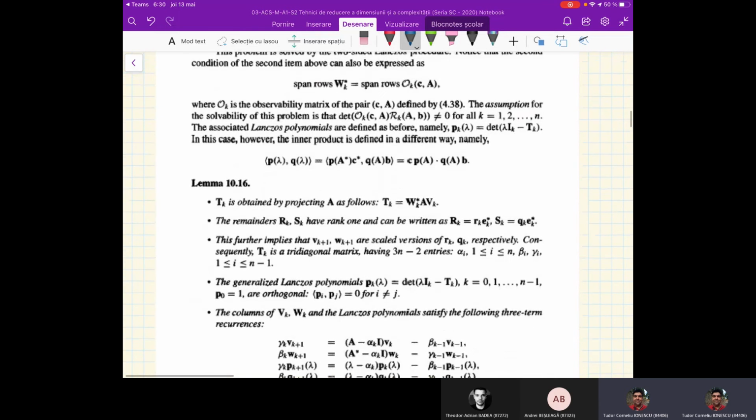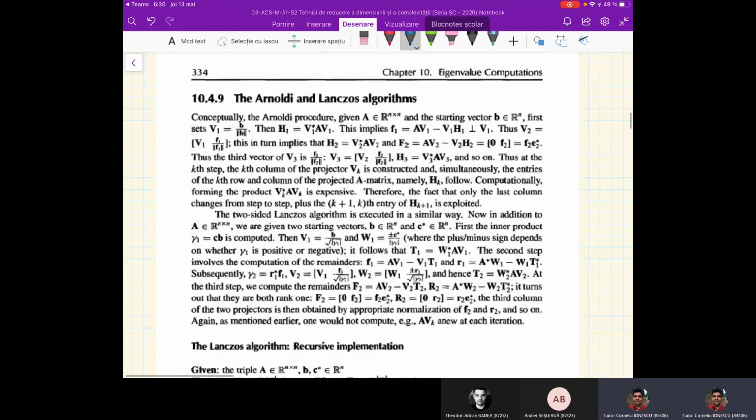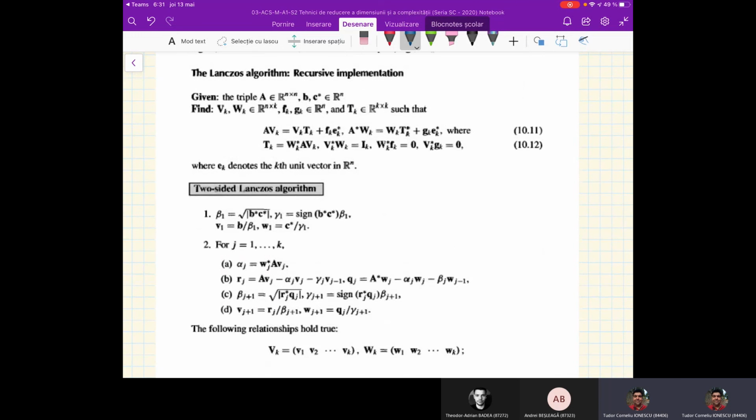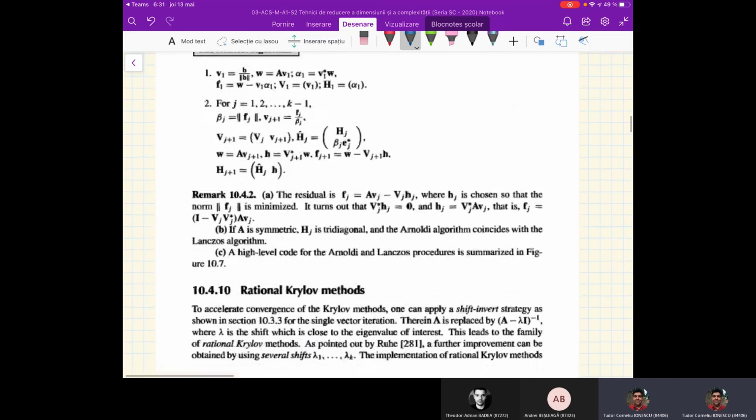So this is a better algorithm, and we are going to use that more in the moment matching, and this gives us more precise approximations than the one-sided version. Here you have implementations of these algorithms. If you're interested, you can play with them yourselves in MATLAB and compute eigenvalues using this.